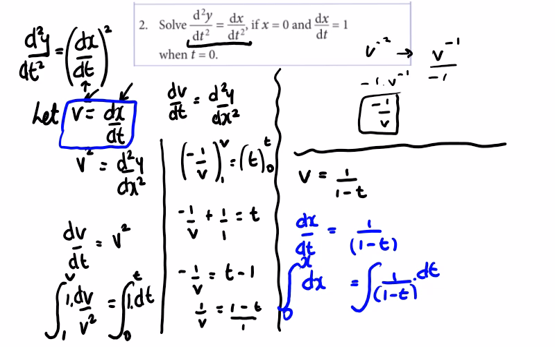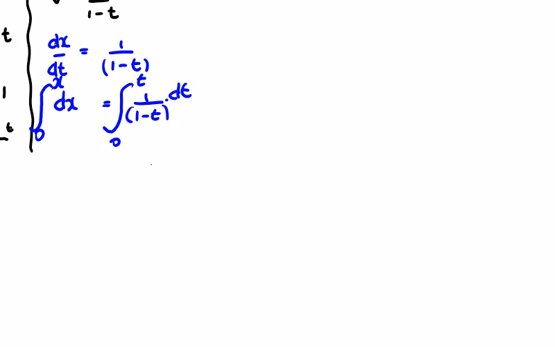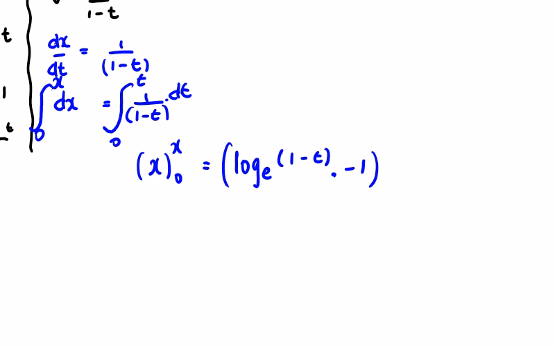So integrating, we're going to get on the left hand side x between x and 0 equals, we're going to get the log to the base e of 1 minus t, and we're going to have to integrate that minus t to get minus 1 over 1. If it was plus t, it would be just a plus 1, and that's going to be between t and 0.